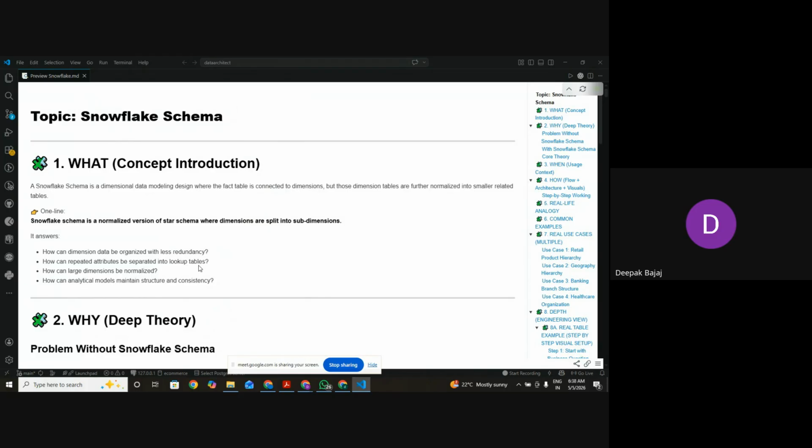In this topic, we will discuss the snowflake schema. Earlier we saw that a dimension table gives us meaningful information regarding our business and answers the 4 W's.